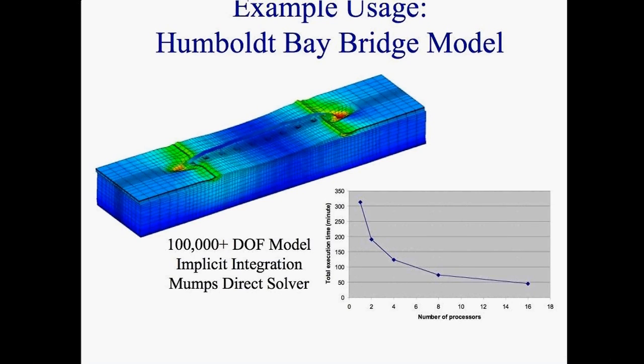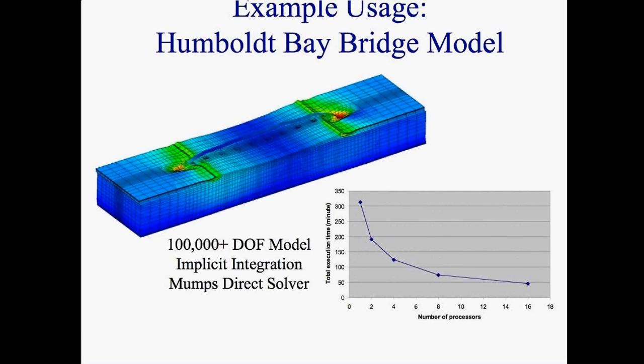The model was solved using implicit integration for the time transient analysis, and we're using the MUMPS direct solver. I'm showing here the performance improvements that were obtained. The student, it was taking about 6 hours or so to run on a single process. When we moved it up to 16 processes, we were able to get it down to under an hour.